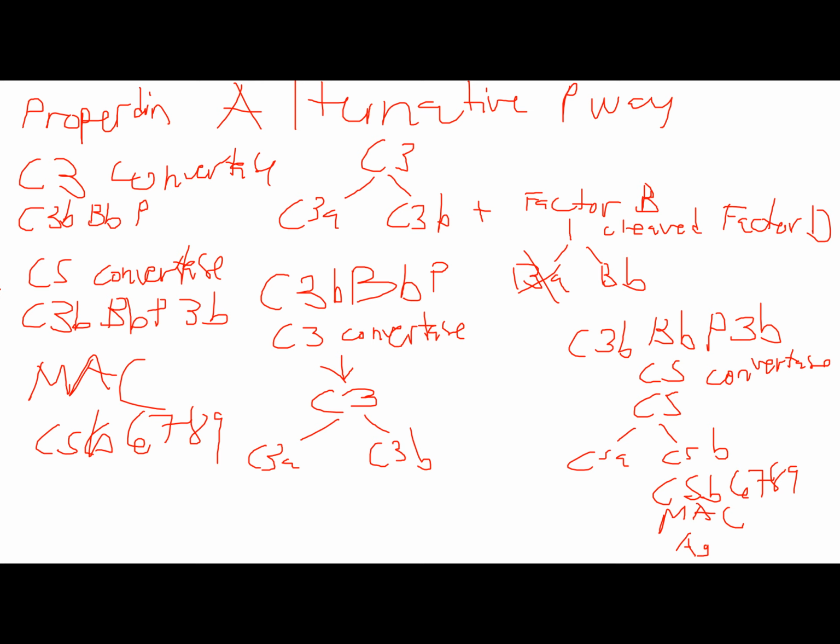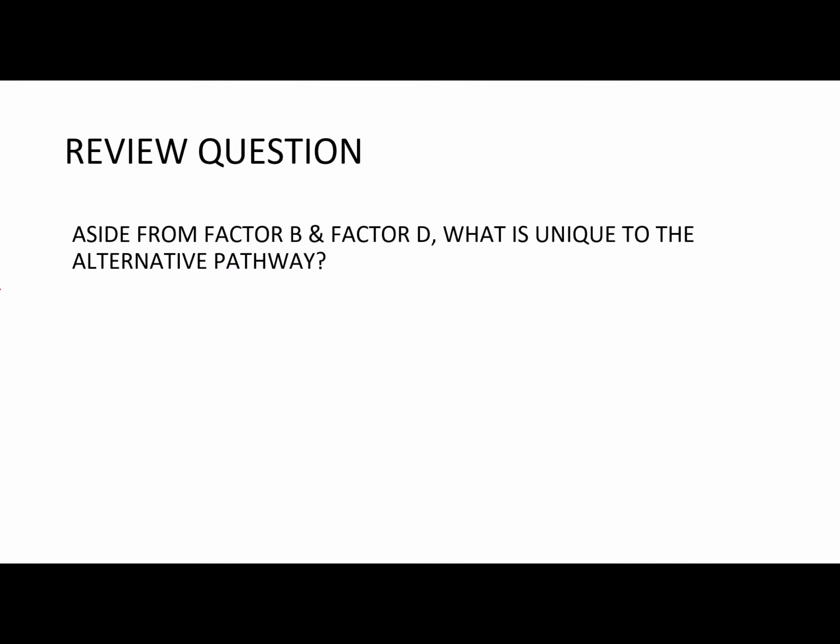So I hope that was understandable. If you have questions, type them in the chat box. So let's continue. Okay, here's a review question, class. Aside from your factor B and factor D, what is unique to the alternative pathway?